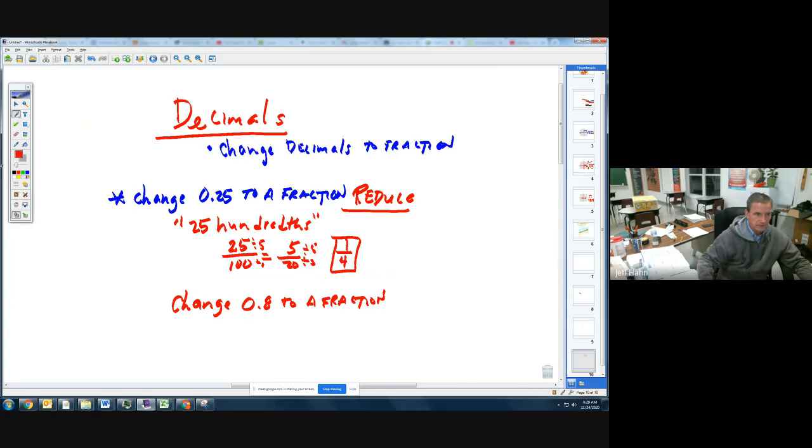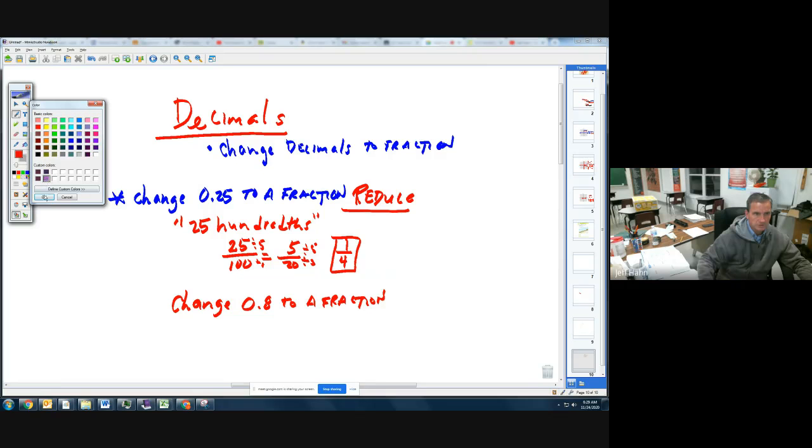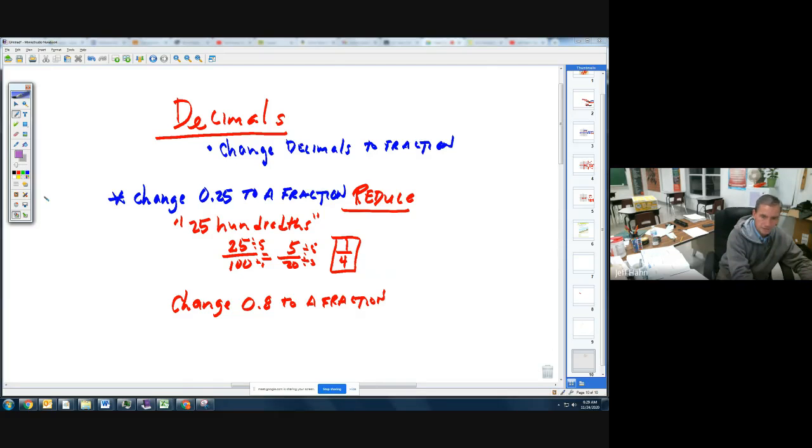Now 0.8 to a fraction, I'll change colors for you, is 8/10. So as a fraction, it is 8 over 10. And then if I'm reducing that, I'm going to divide them both in half. I get 4/5. And that is reduced all the way.